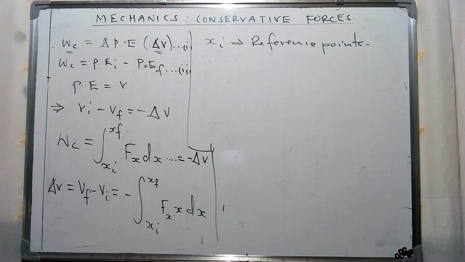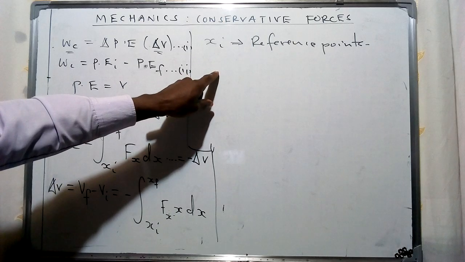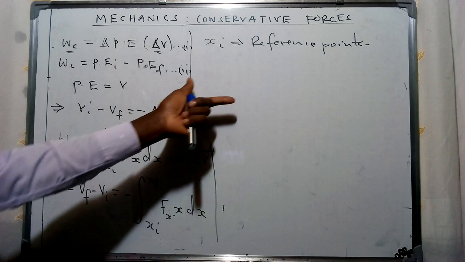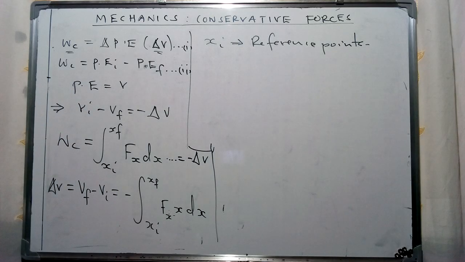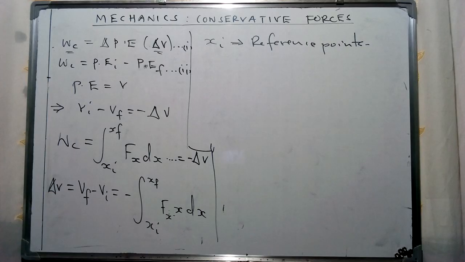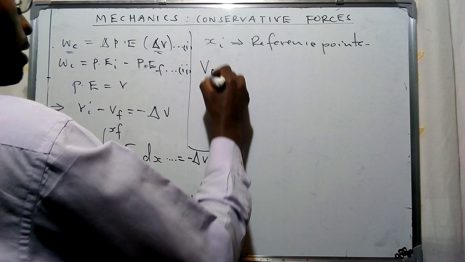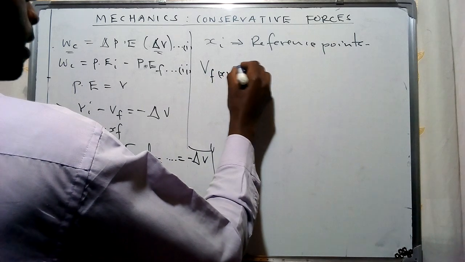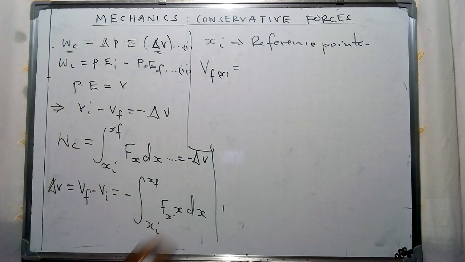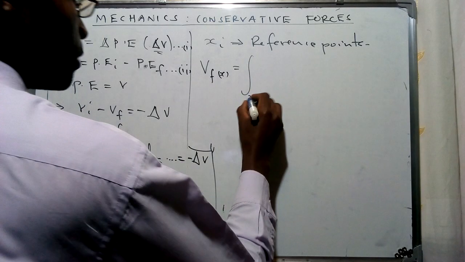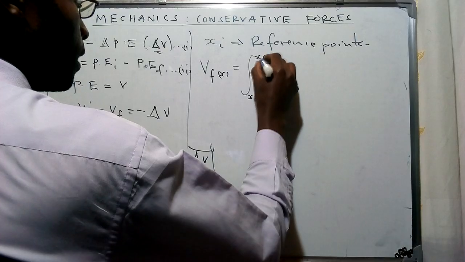Once we have established this location as a reference point and measure all the potential energy differences with respect to it, the potential energy final with respect to this point x can be given as the integral from x initial to x final.